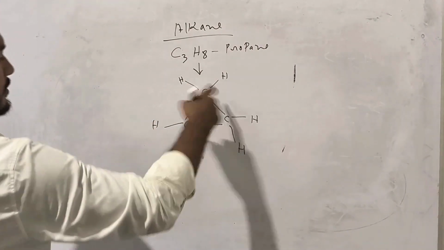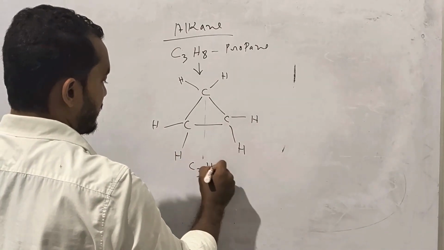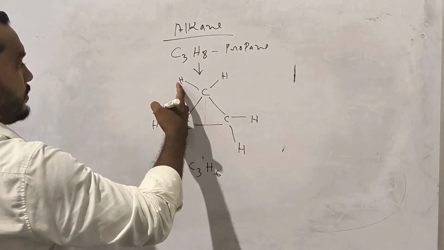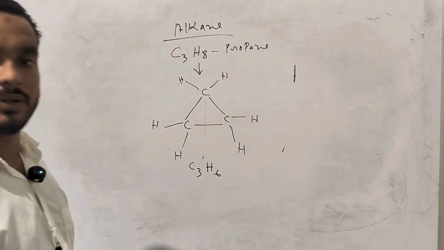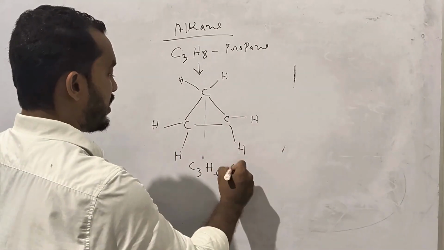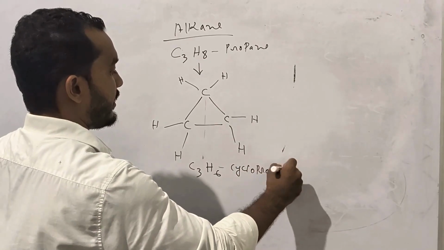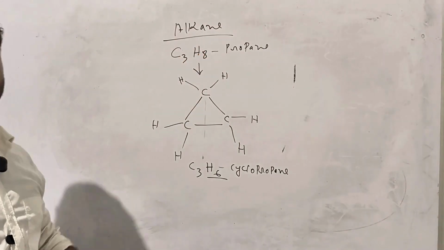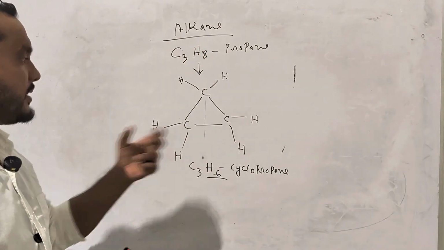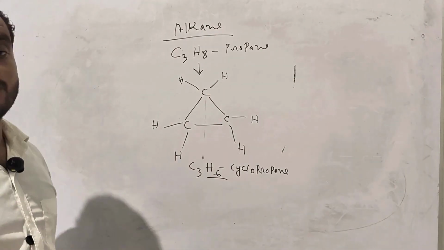If you count, C3 and hydrogen 1 2 3 4 5 6, so hydrogen is 6. So this is the formula of cyclopropane, where 2 hydrogens are less than that of propane. This is the ring structure of cyclopropane.